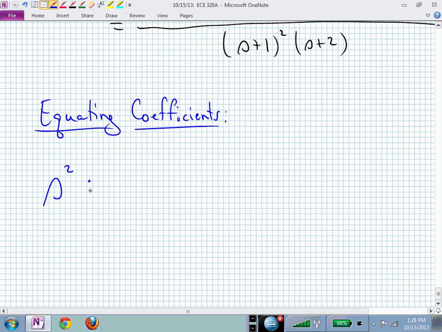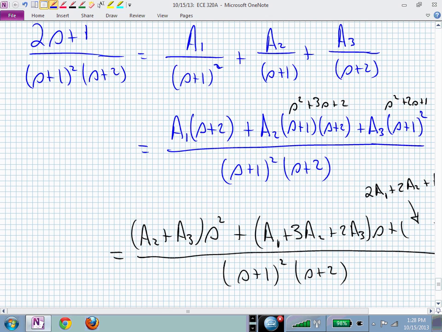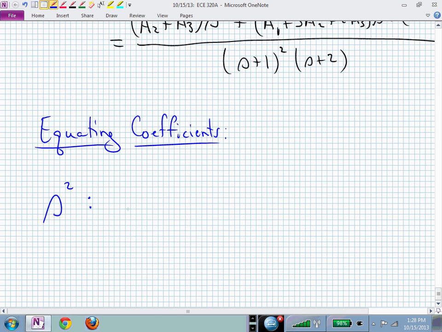But if we compared the coefficients for s squared, what's on the left? 0. So now we have 0 is equal to a sub 2 plus a3. So now we know a2 and a3 are negatively related if we wanted to do that.